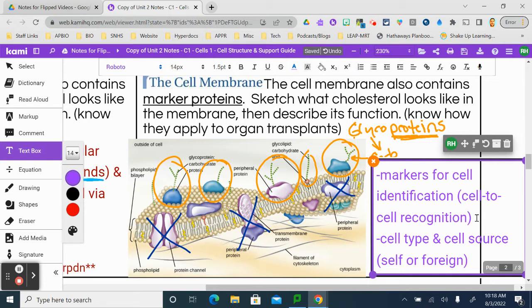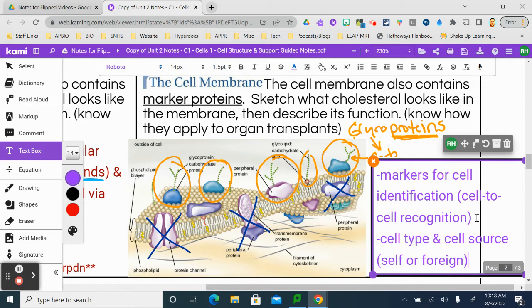These are cells that are supposed to be here. They're sourced from us, and these are the ones that are supposed to be in the body. Any other cells that try to get in are going to have different marker proteins on them. What the body has the ability to do is recognize these foreign cells and then basically destroy them. This is what allows the body to fight off bacteria, viruses, allergens, things that shouldn't be there.